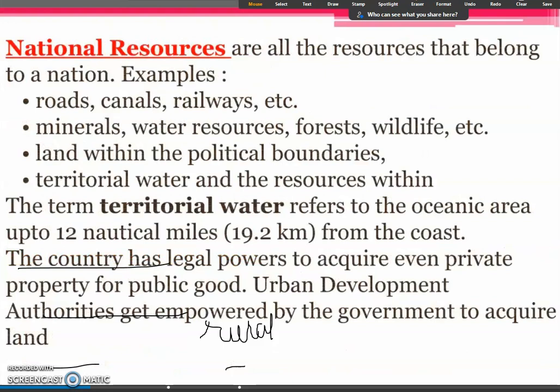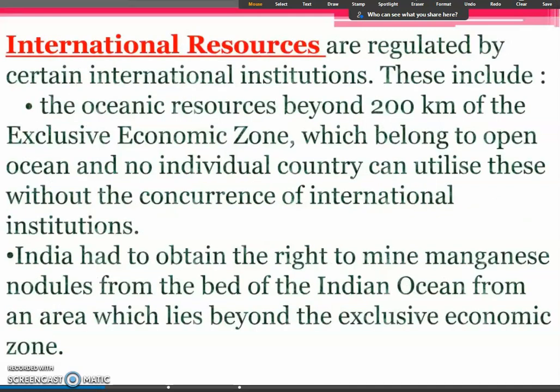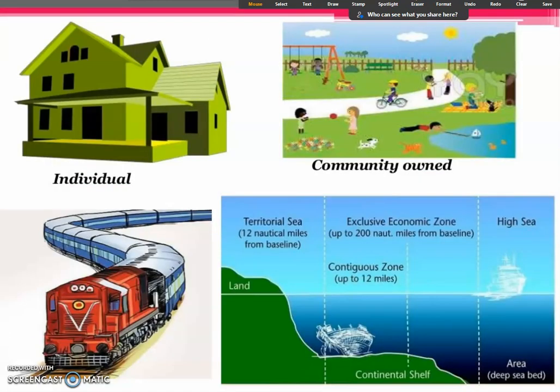Now let's get into national resources and international resources. For this, you need to understand a diagram. I'll be showing you that, no worries. Can you see this? This is a house owned by an individual. That's why it is known as an individual resource.